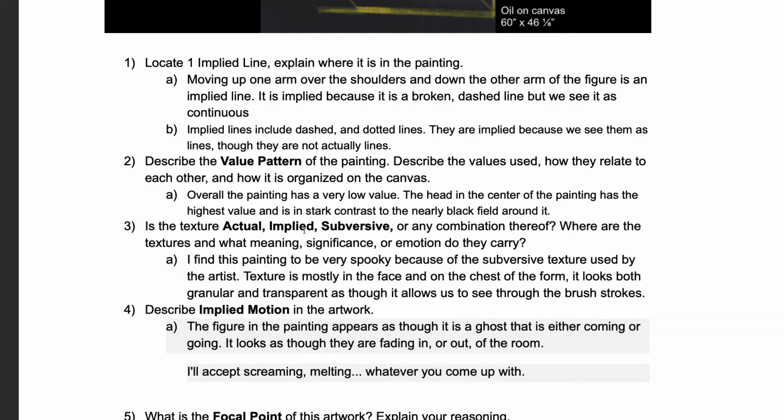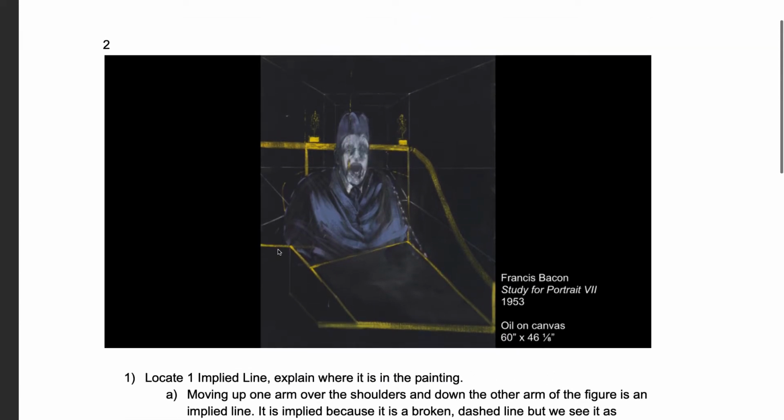But I will also accept implied texture. Implied texture is texture that isn't real, something that is suggested or implied. So if I reach out and touch this painting, it is smooth to the touch.